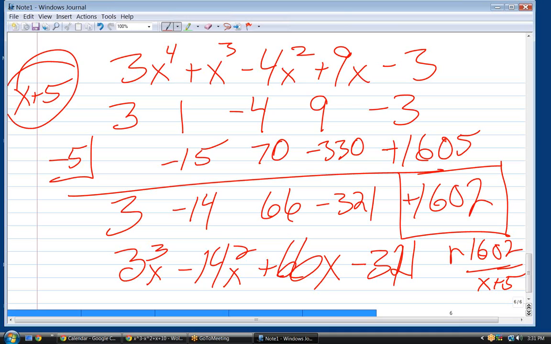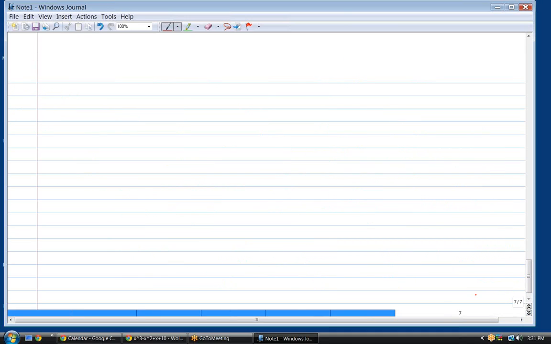Let's skip to 19. We need to do some where we actually do have a solution. Is this your 19? Yeah. Okay. And they want to divide that by x minus 1, so I put 1 in there.